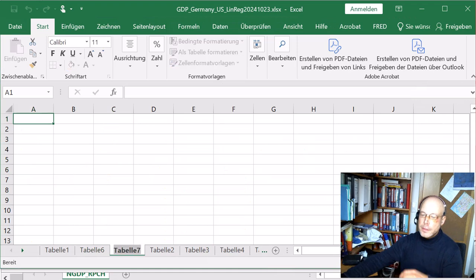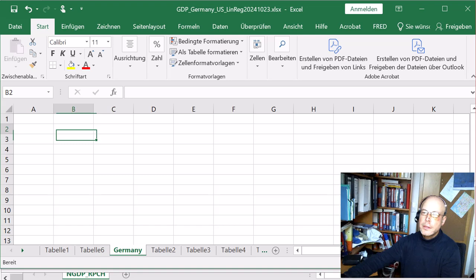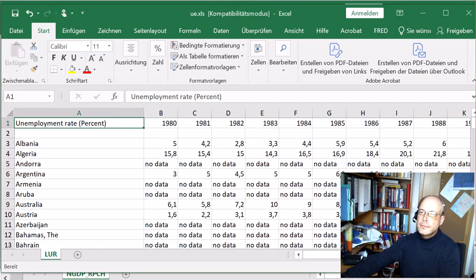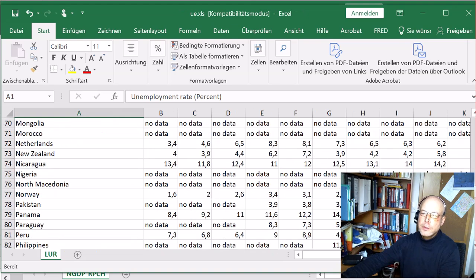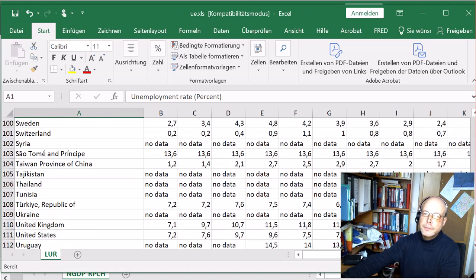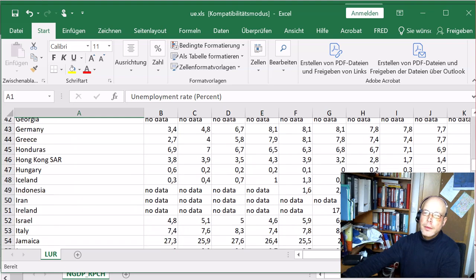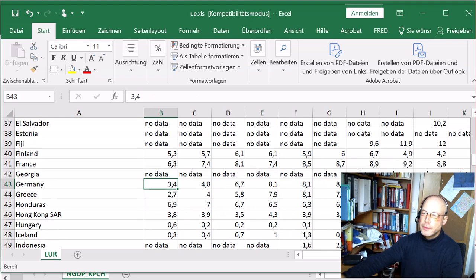Let's take here Germany and then the GDP growth rate and unemployment. And this is unemployment. Let's go to Germany. There we are.